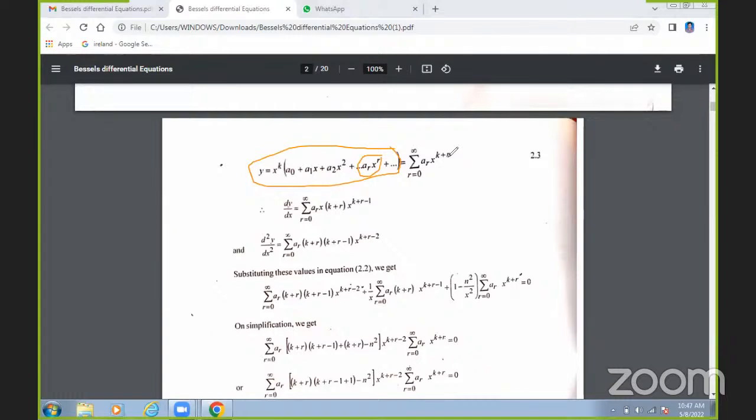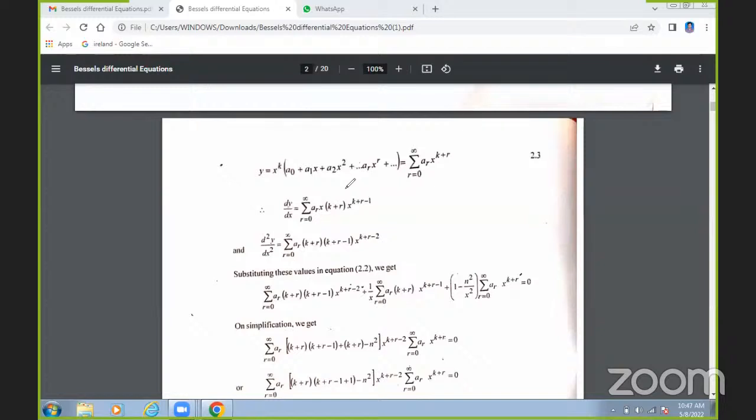So this y is the solution for the Bessel's differential equation, written as y is equal to summation of r equal to 0 to infinity of ar x to the power of k plus r.